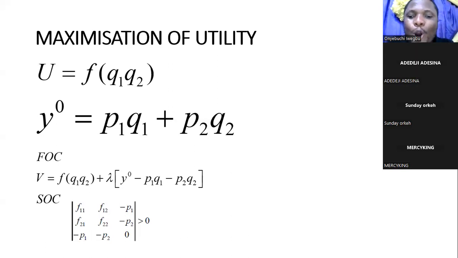How do I optimize this decision? I can only optimize this decision by setting up a Lagrangian function. I know you must have done that in your maths.